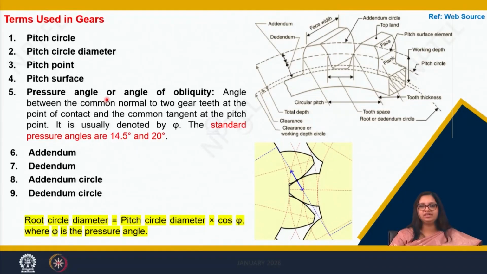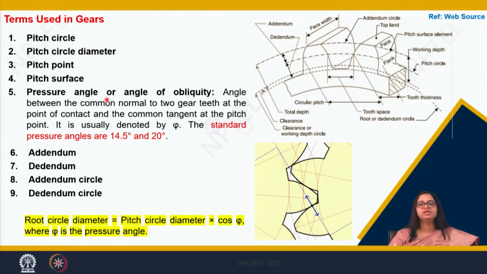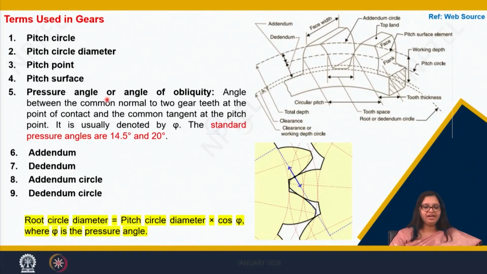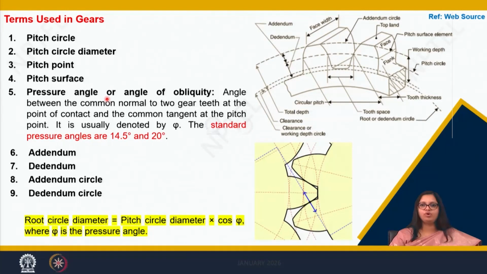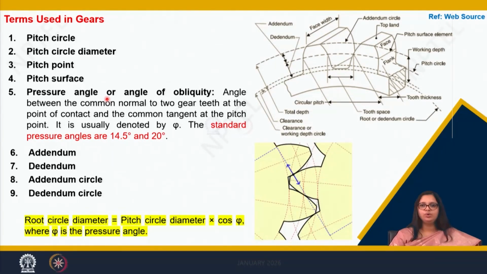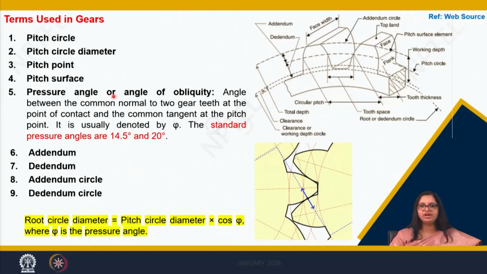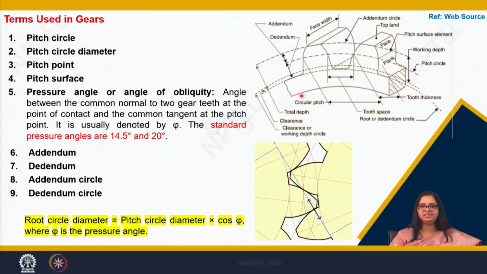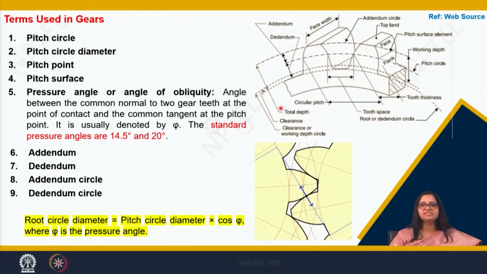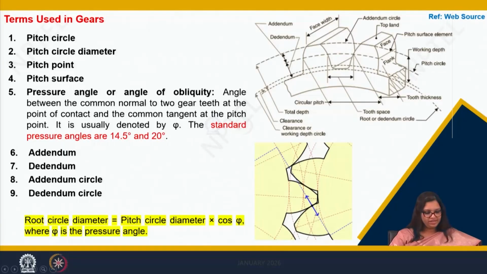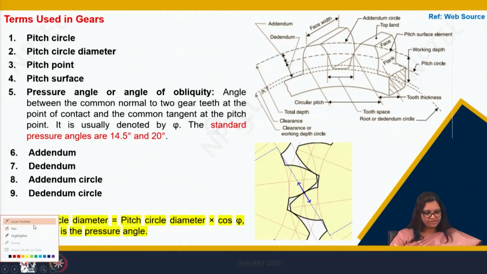Now we understand that when there are two wheels, they will be meshing with each other, and there will be a point at which they are meshing. Well, if we draw a tangent to both of these two circles and the tangent to the base circles of these two gears, let me draw it.